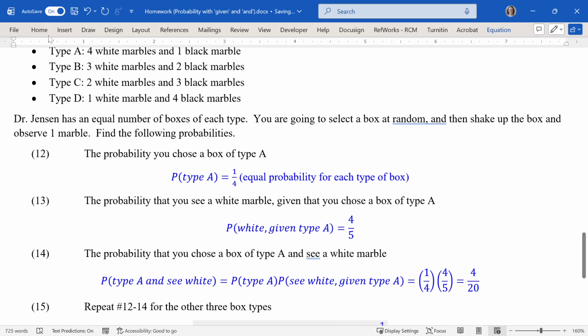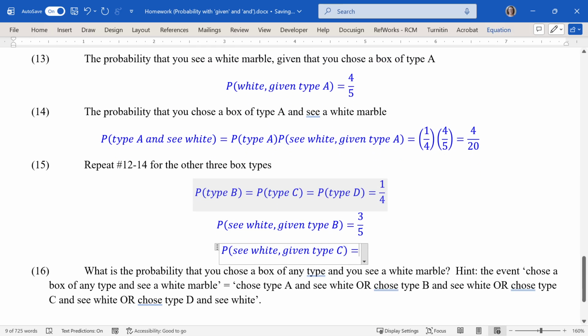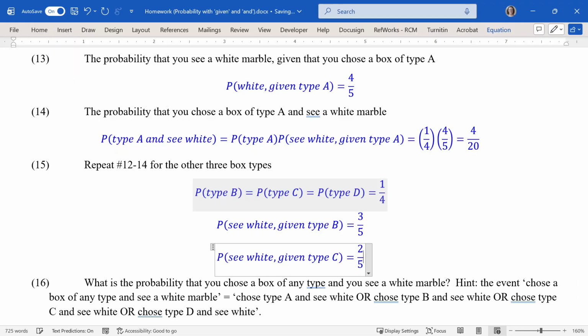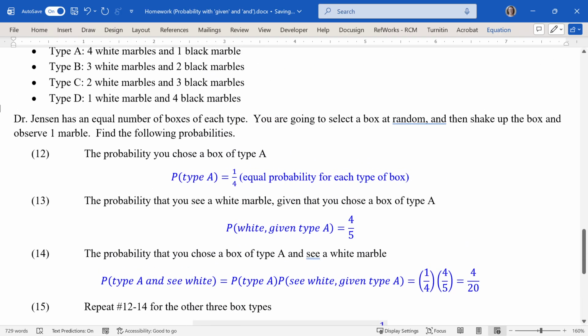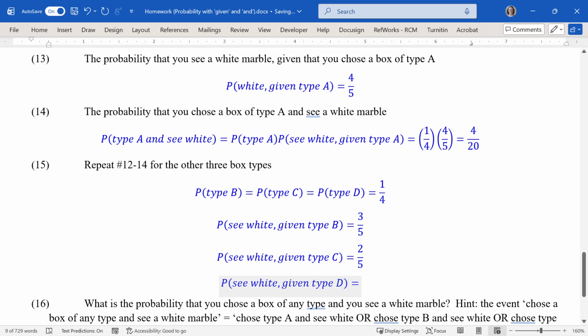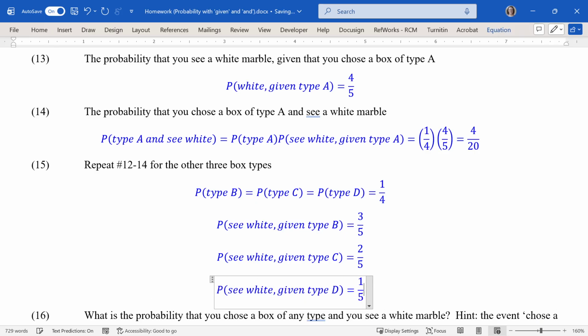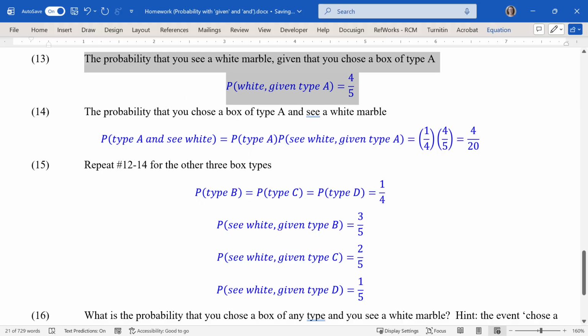The type C box has 2 out of 5 that are white. This will be 2/5. And then finally, the type D box has 1 white marble, I believe. Yes, 1 white marble out of 5. Okay. And now that was repeating number 13 for all the different types of boxes.